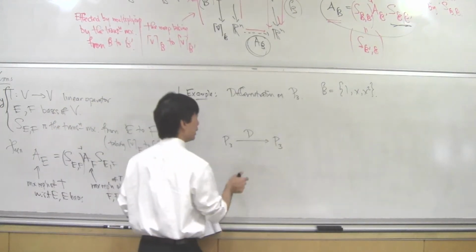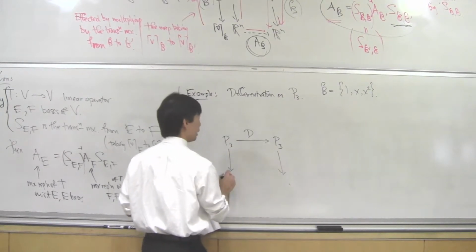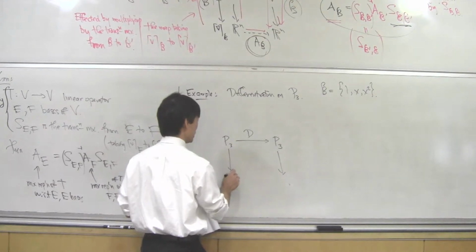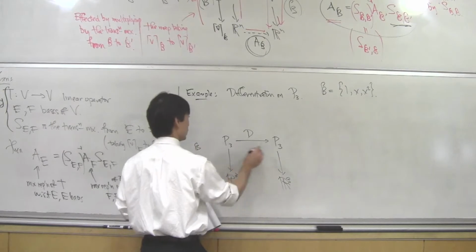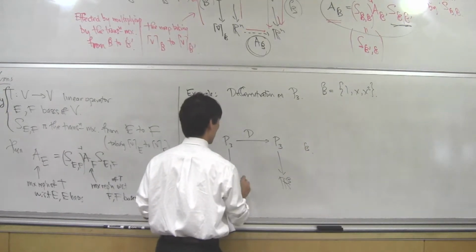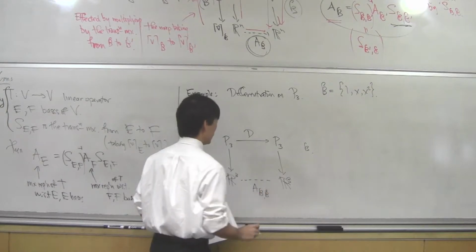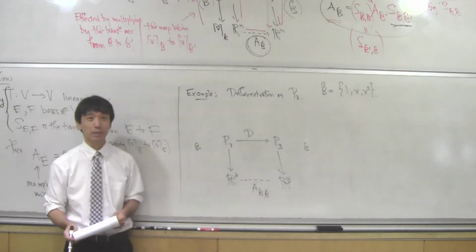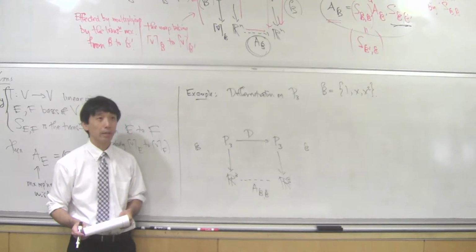Okay, then if we use that basis on both sides, right? If we use the basis on both sides, we can get a matrix representation with respect to those two identical bases, right?